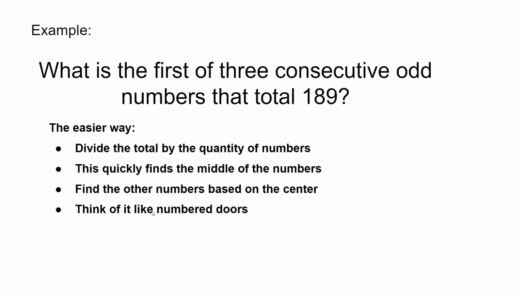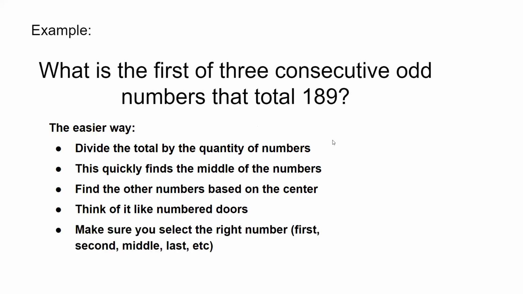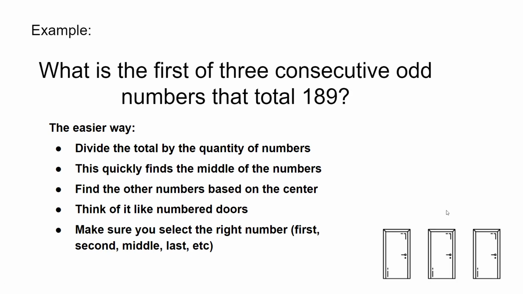We could think of it like numbered doors. Make sure you select the right number, whether they ask for the first or the second or the middle or the last. You don't want to do all of the right work and then answer the question incorrectly because you picked the wrong number. So let's do that for this problem.